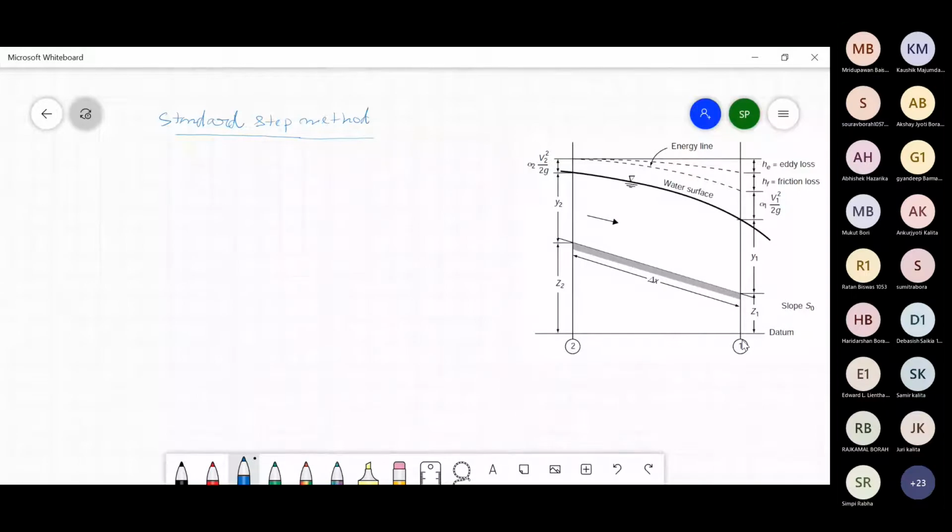So on the left hand side, Z2 plus Y2 plus alpha 2 V2 square by 2g is equal to Z1 plus Y1 plus alpha 1 V1 square by 2g plus HF plus HC. HF is your frictional loss, and HC is your eddy loss. Up to this much clear? Yes, sir. Okay.